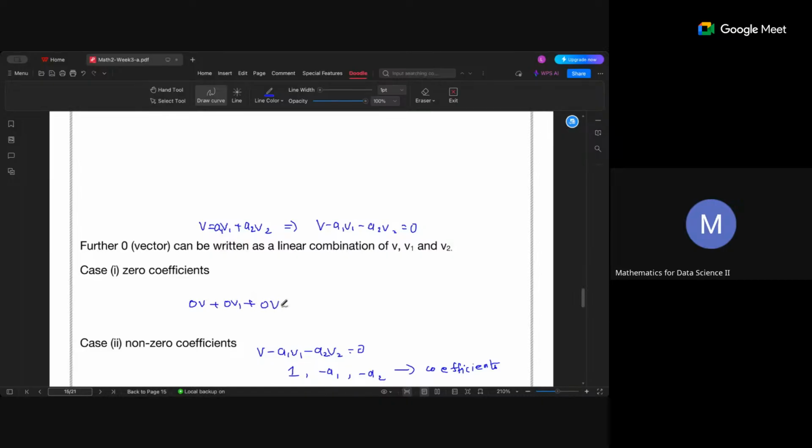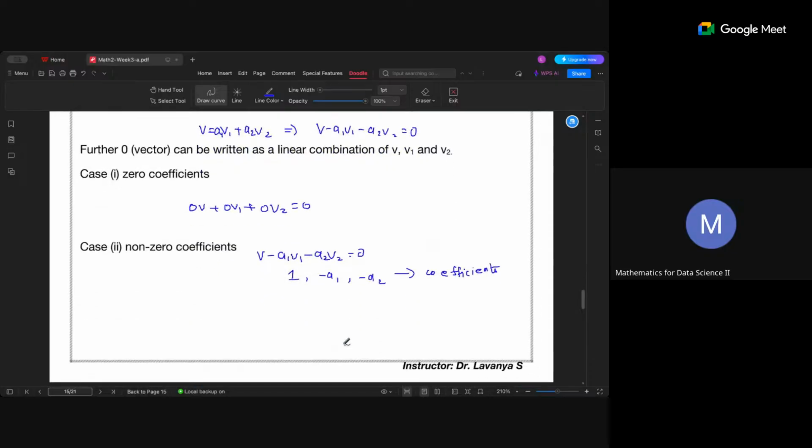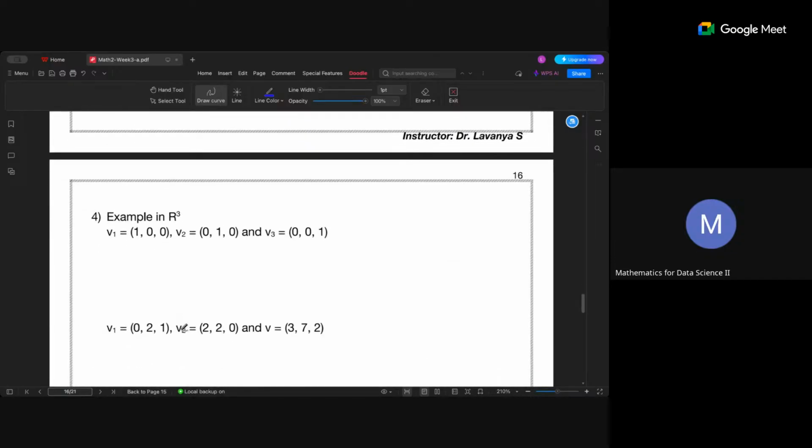Both scenarios are possible in this case. But it is not always possible that both zero coefficients and non-zero coefficients will exist. So if you are writing zero as a linear combination of some vectors, then it has some specific significance. We will see it.